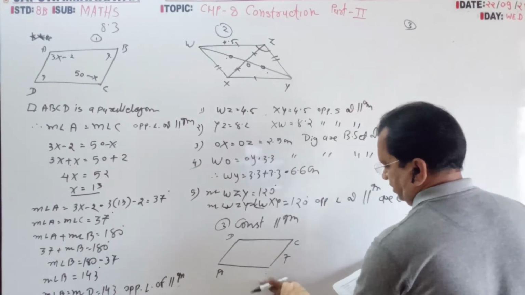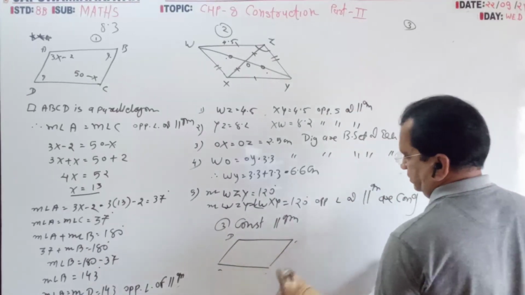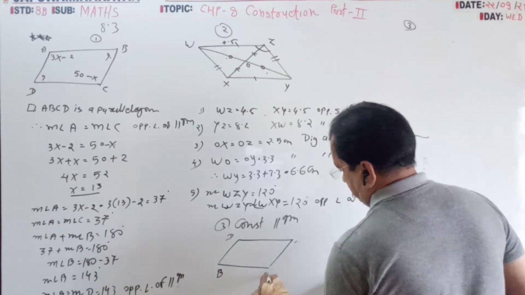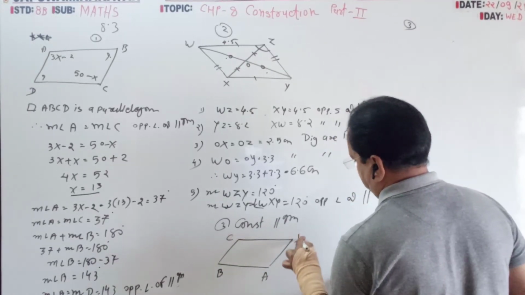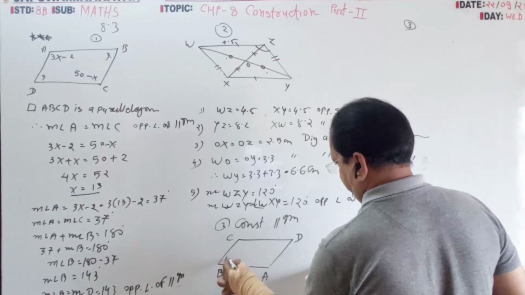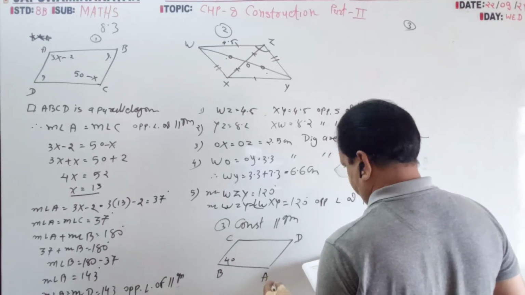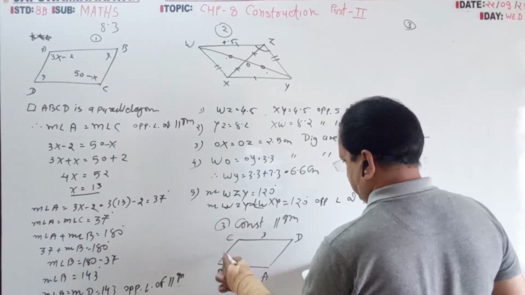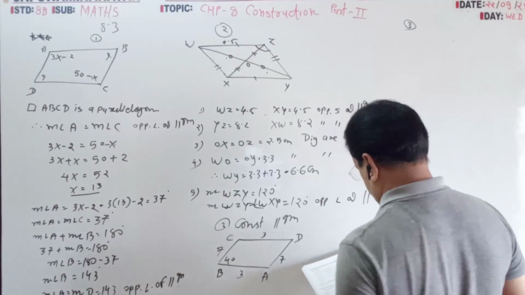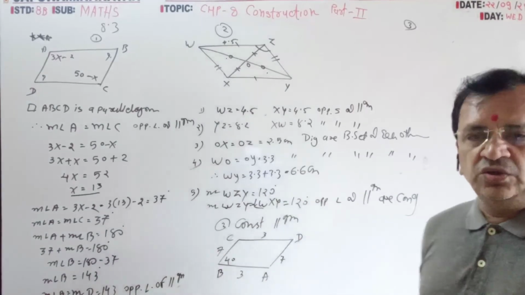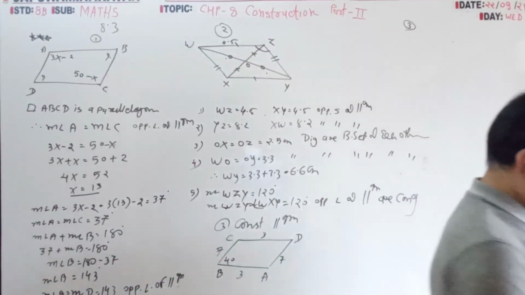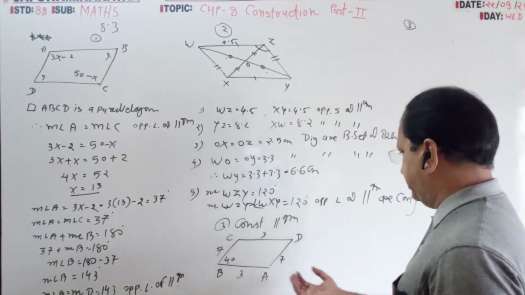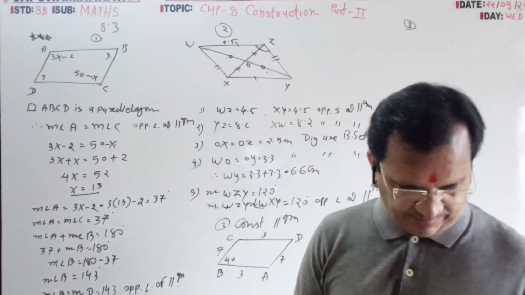So better you take opposite. Which angle B is given? ABCD like this. Because small angle is given, no? 40. This you can't take. AB is 3, this is also 3. BC is 7, this is also 7. Two opposite sides are 7, 7. Two opposite sides are 3, 3.